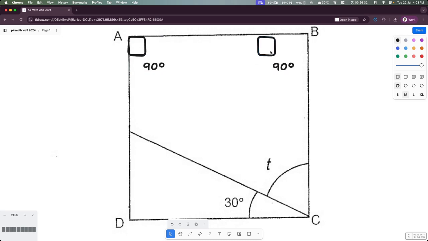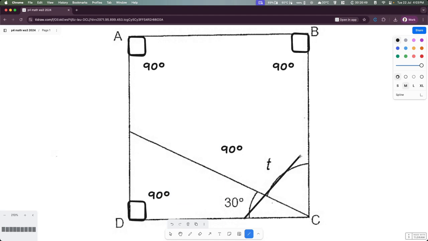Here is also 90 degrees, and this is also 90 degrees. So that means at the corner where we want to find T, this whole thing is also 90 degrees. Then put a line from here to here. This is also 90 degrees.